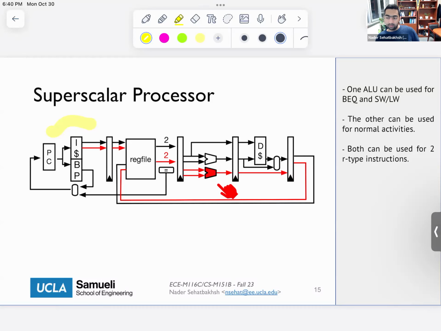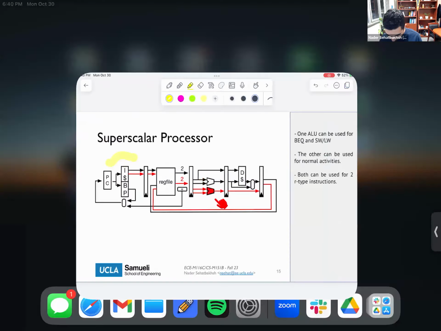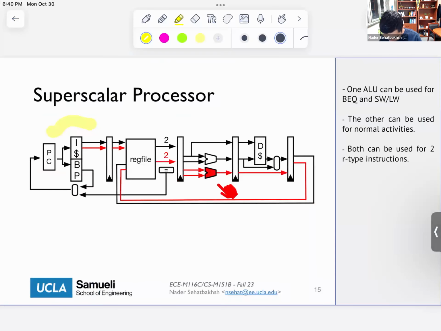And then what we can do is, for example, we can use one of these ALUs for a store or BEQ type instructions, a simpler one, and then another one for more elaborate ALU operations. Because you technically don't run two BEQ at the same time or do two stores at the same time, but you can, for example, technically write two R type instructions at the same time. So what you can do is see.